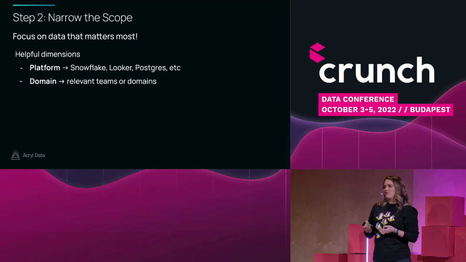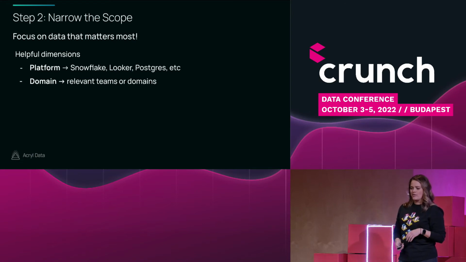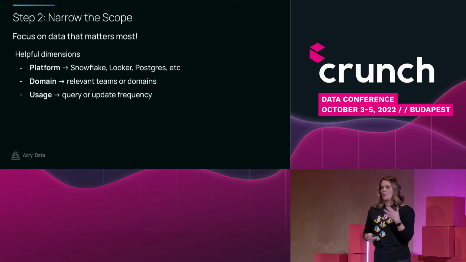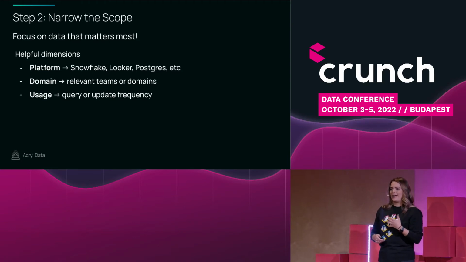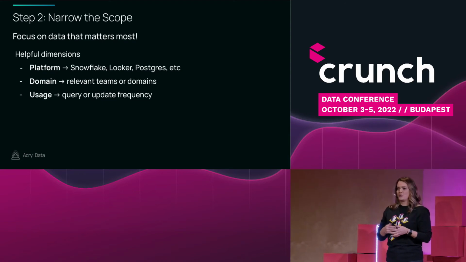This can be really helpful for narrowing the scope of who you would want to be working with. Another way is to look at it by usage. So maybe instead of trying to govern all of your data sets, you want to focus on the ones that are used by 25% of your organization, or the top used within a time period.